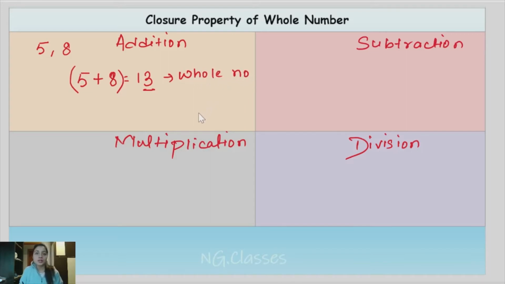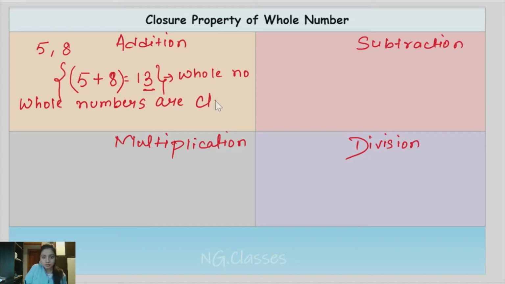So whole numbers are enclosing everything, the question part as well as the answer part. It is closing everything. So we can say whole numbers are closed under addition.